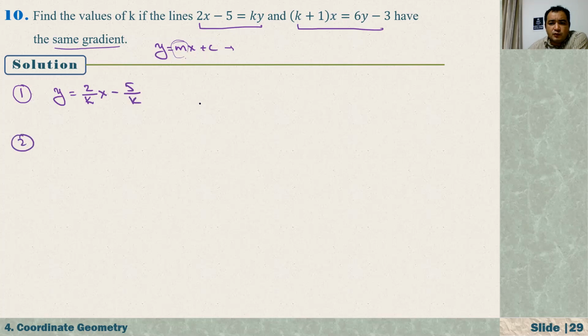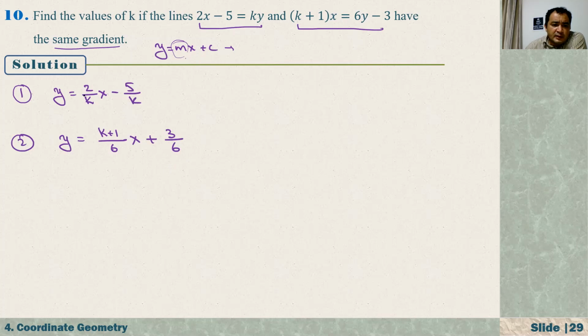And how about the second equation? If you take this 3 to the left-hand side and divide both sides by 6, then here we will have y is equal to (k plus 1) over 6 x plus 3 over 6. So now it's already in this form, mx plus c.